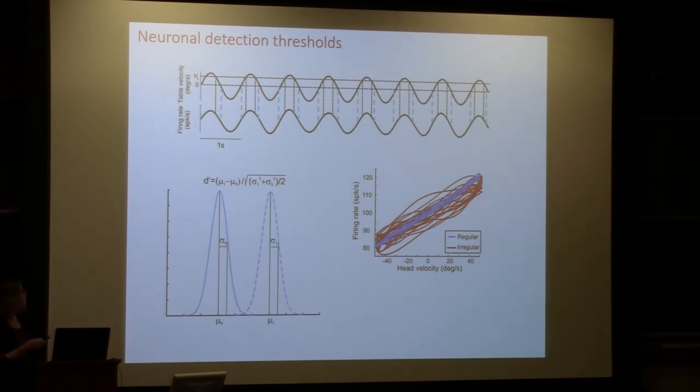So to do that in this system, from some of the data I've already shown you, you have your table moving back and forth sinusoidally. You record the neuron firing rate. This is highly schematic because it's perfectly clean, but it gives you the idea. And then what you can do is say, okay, at 0 velocity, I have a certain distribution of firing rate, which I'm going to plot here.